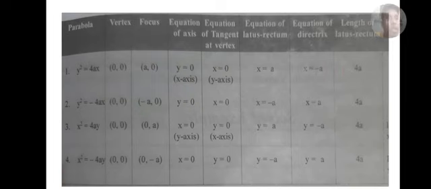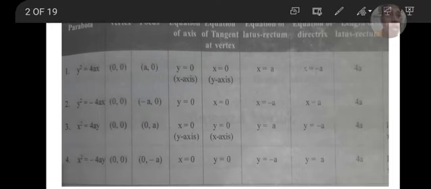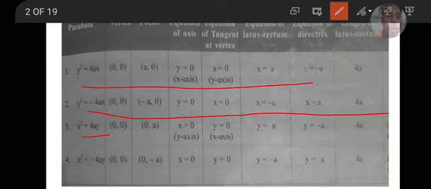These are 6 points. The equation of tangent at the vertex is not necessary. The 6 are: vertex, focus, axis, equation of latus rectum, equation of directrix, length of latus rectum. You have to remember these formulas, based on the standard forms y square equal to 4ax, y square equal to minus 4ax, x square equal to 4ay, and x square equal to minus 4ay.